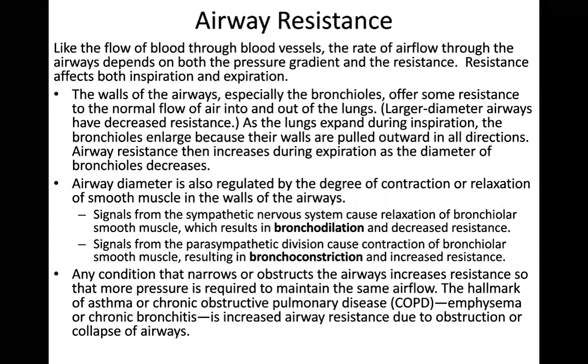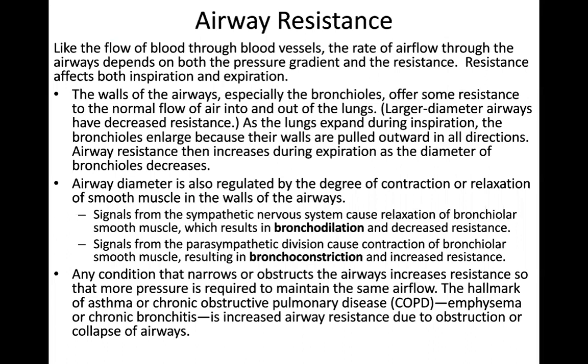Okay. Our sympathetic nervous system, producing that fight or flight response, causes relaxation of the bronchiolar smooth muscle that lines our bronchial tree. We call this bronchodilation, and it decreases resistance. So just like what we saw with vasodilation.